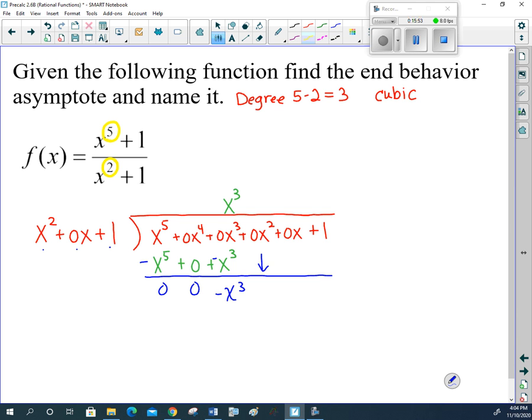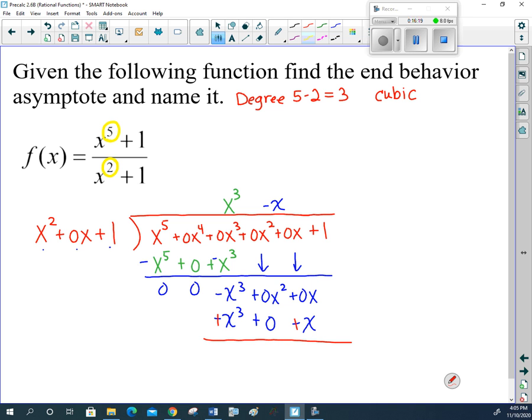So I'm actually going to bring these next two down at the same time. 0x squared plus 0x. Okay, what times x squared gives me a negative x to the third? Well, that's going to be a negative x. So negative x to the third plus a 0, that's our placeholder, and then minus x. Okay, change our signs.